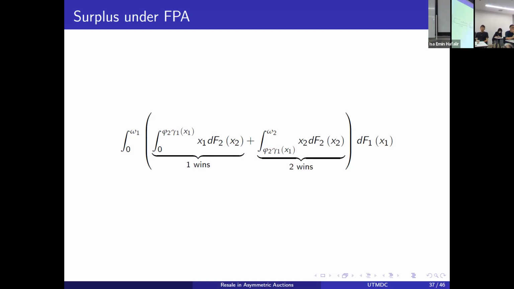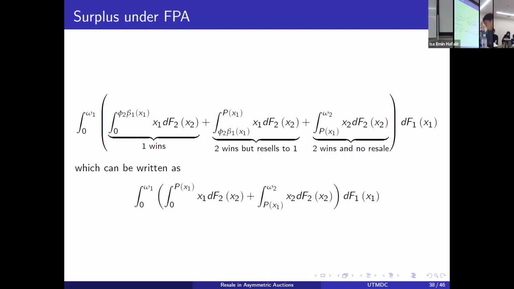But with resale, it's a little more complicated because I need to write down the allocation at the end of the game. The game is: there is an auction, then there is a resale stage, and then we write at the end. So there are now 3 regions that I need to think about. Now there is going to be some kind of resale stage here, so there is going to be some P function here, right?